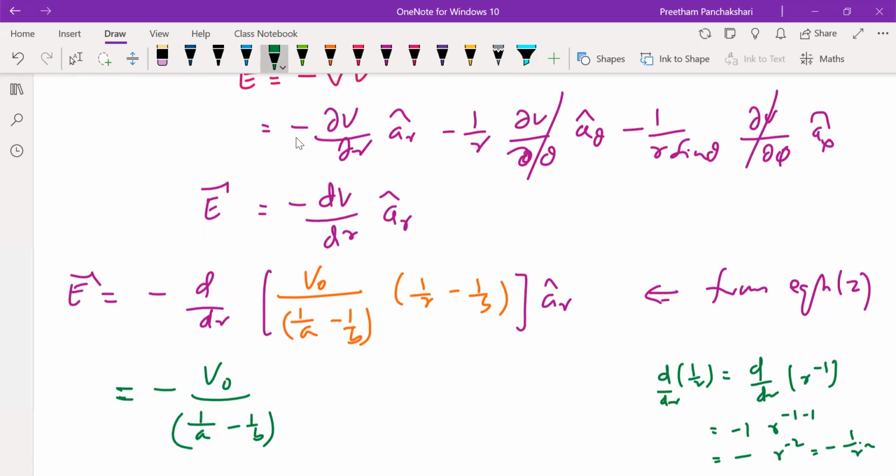So 1 by R after differentiation becomes minus 1 by R square. Differentiation of 1 by B with respect to R is 0. We are left with A cap R, the unit vector.